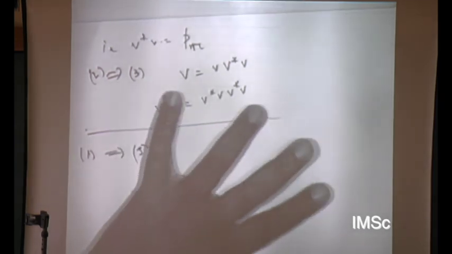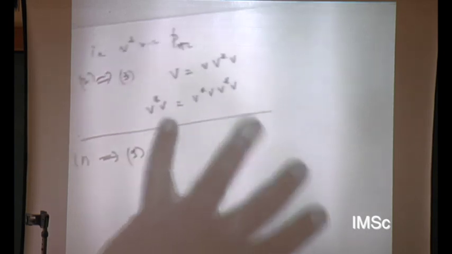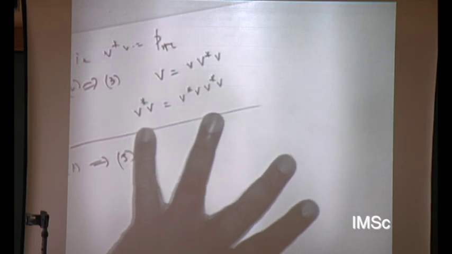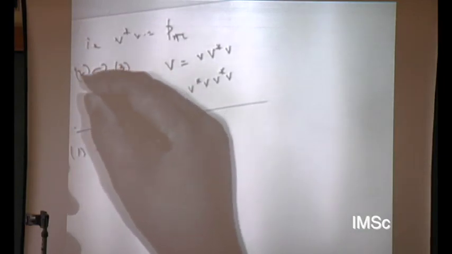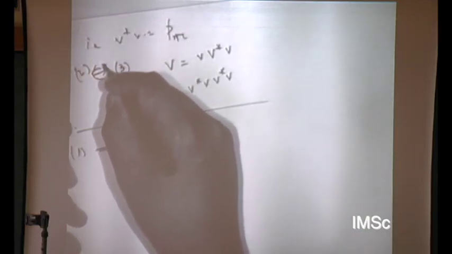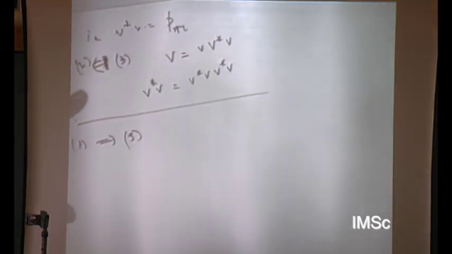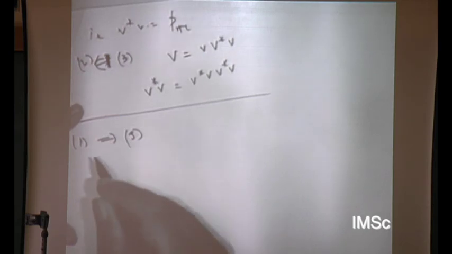See, if you know this fact, you multiply both sides on the left by V*, you'll have this equation, which says that V*V is a projection. So 3 will trivially imply 2. This is 3 implies 2. So let me prove 1 implies 3.